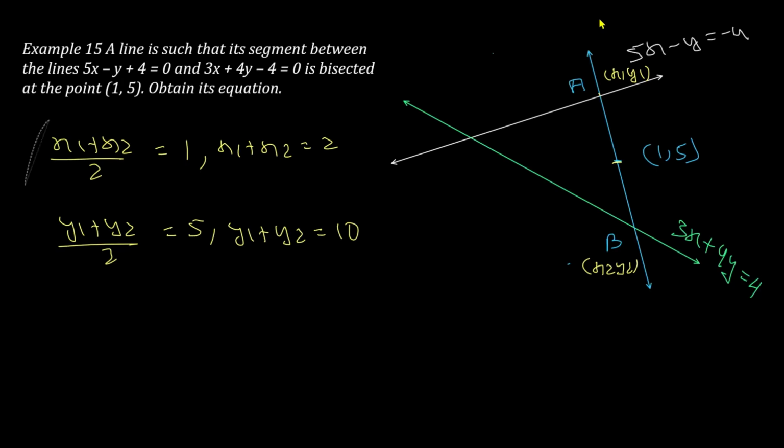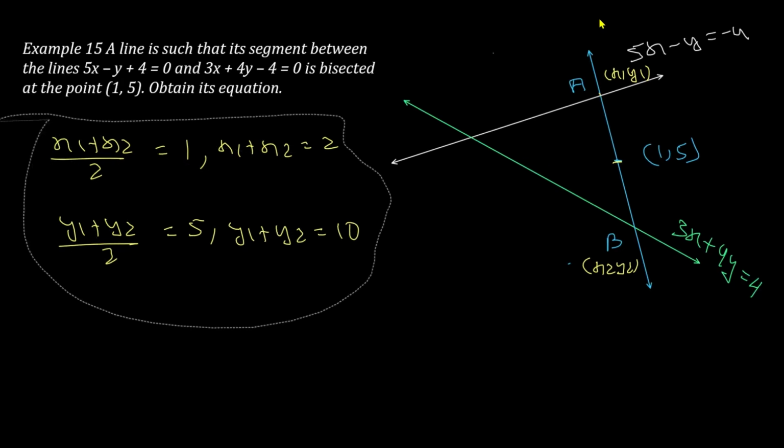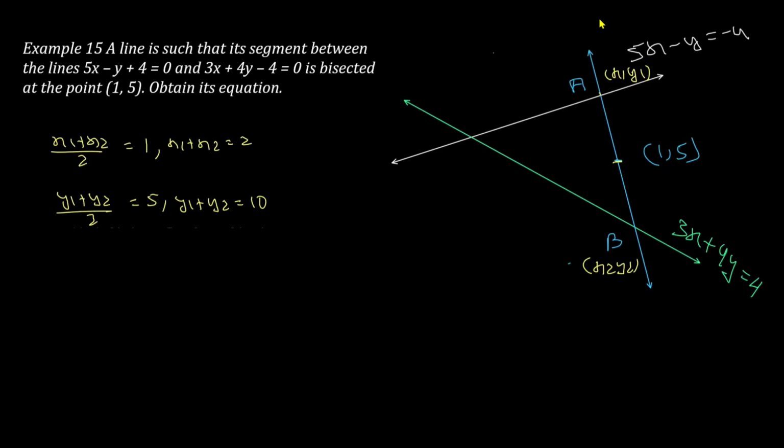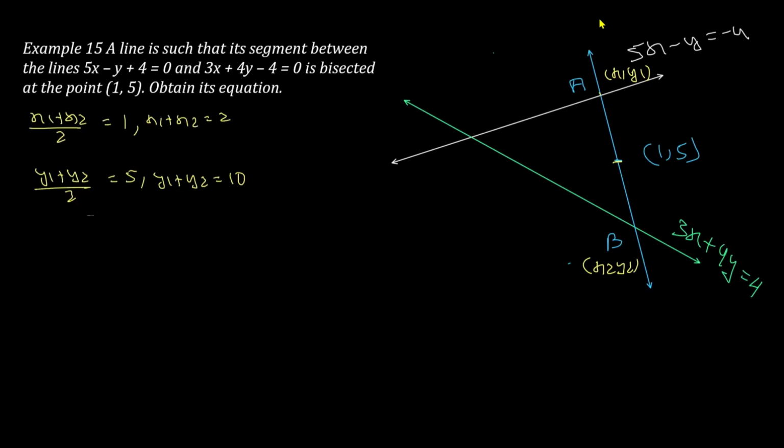We got one relation between x1 and x2. Now let's see what I can do later on. We can figure out that this point A lies on this line, so x1, y1, the coordinates of A, will satisfy this equation. If I place the value of x1, y1 over here, we get 5x1 minus y1 is equal to minus 4.